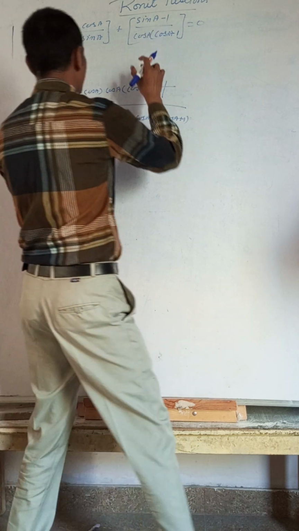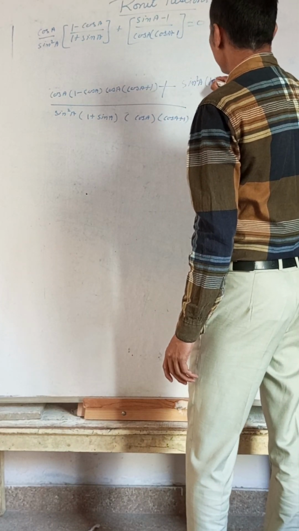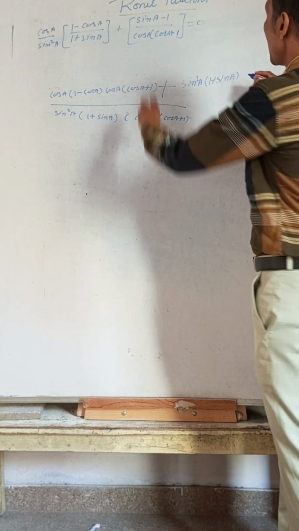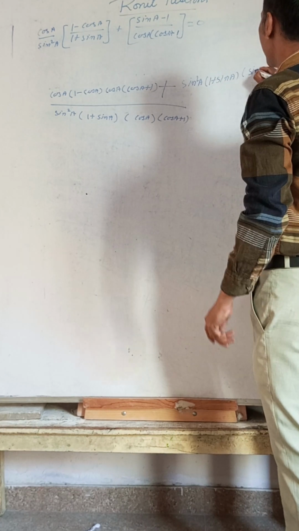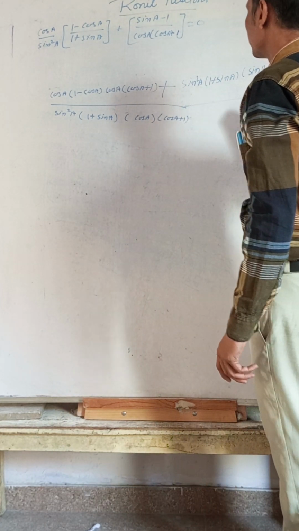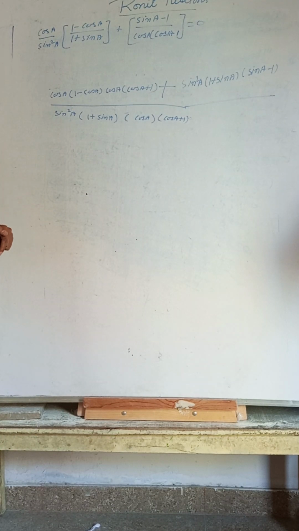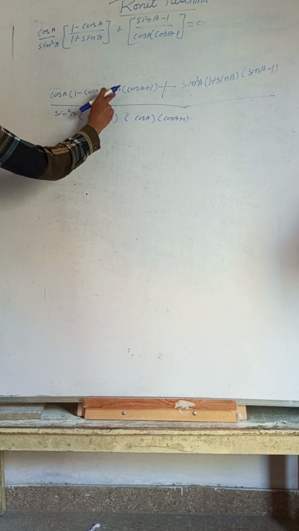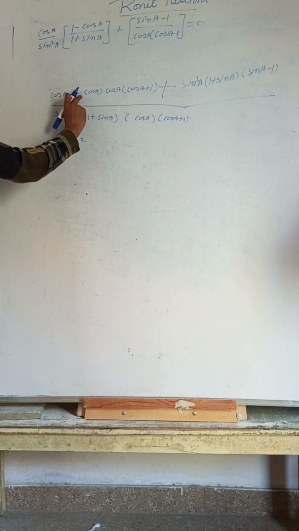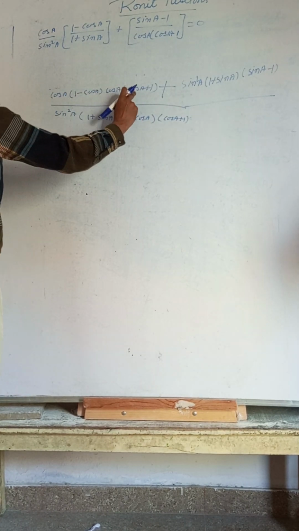In that side this one cancels, remaining sin square A into 1 plus sin A, and upside what remains is sin A minus 1. Downside whatever is there is written as it is, but upside we can see cos square, cos into cos square A, 1 minus sin, 1 plus sin, 1 plus cos, 1 minus cos plus 1.